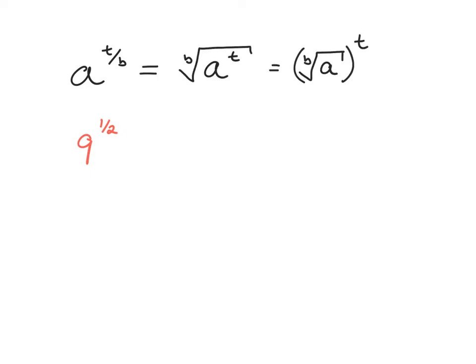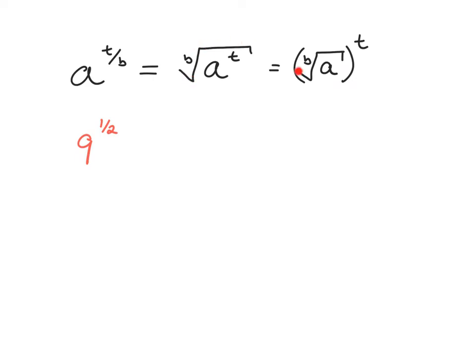And even worse is you get choice. So if you have a rational exponent, you get to choose whether you want to write it like this, with the t on the inside as the exponent, or the t on the outside as the exponent. So you can see in either case, if you have a fraction, that's going to turn into some kind of root.